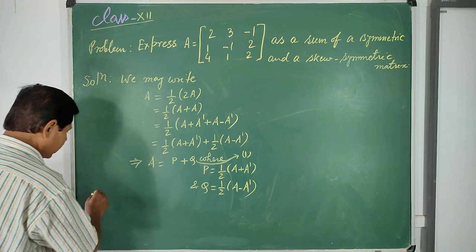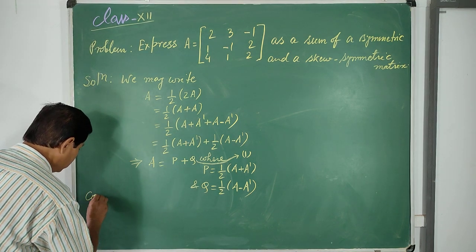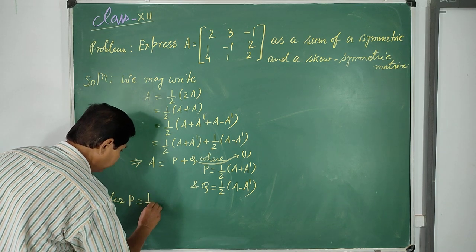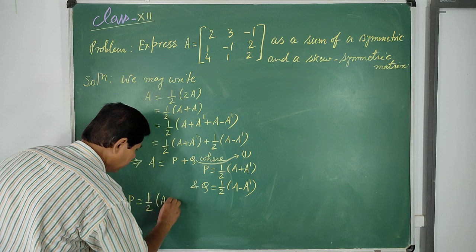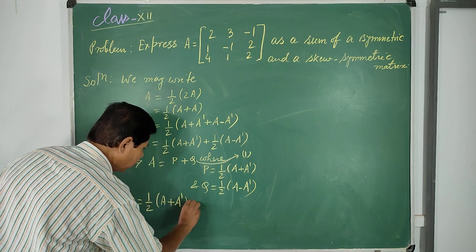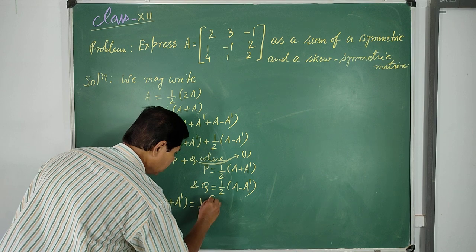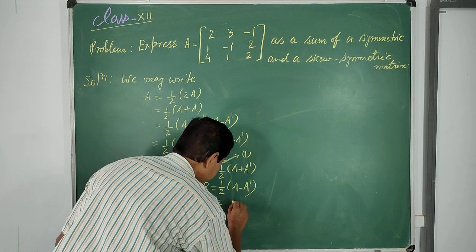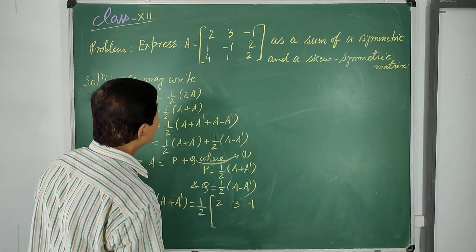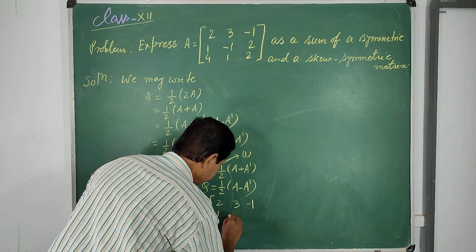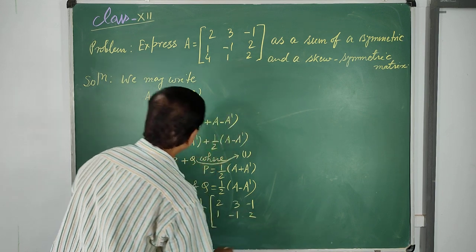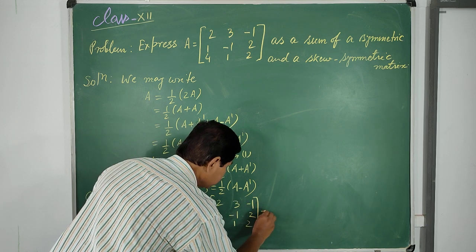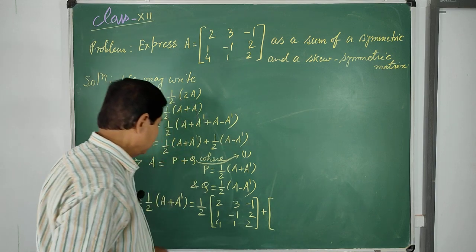So here consider P. P equal to half A plus A dash, equal to half, write A: 2, 3, minus 1, 1, minus 1, 2, 4, 1, 2, plus A dash.